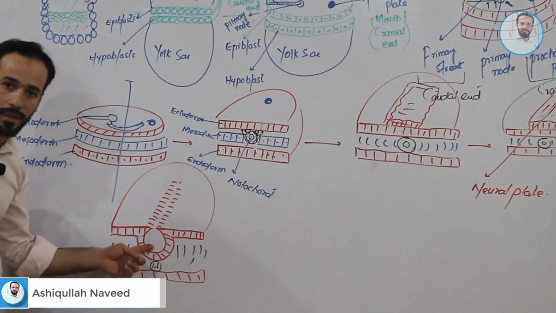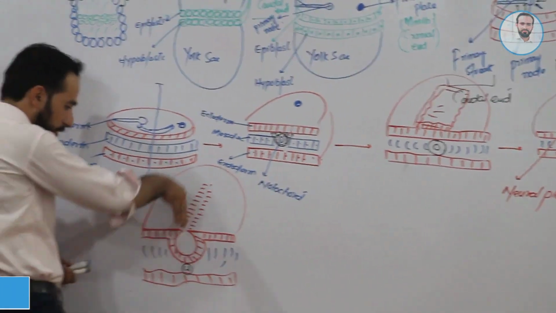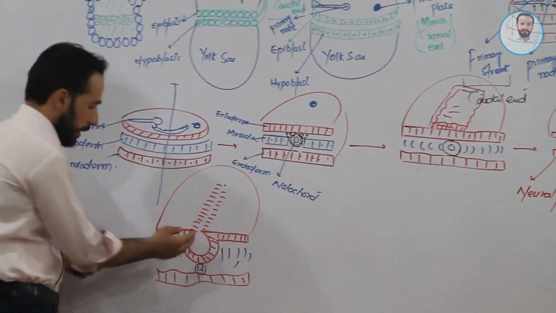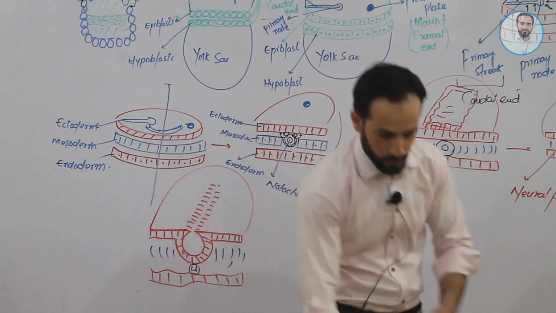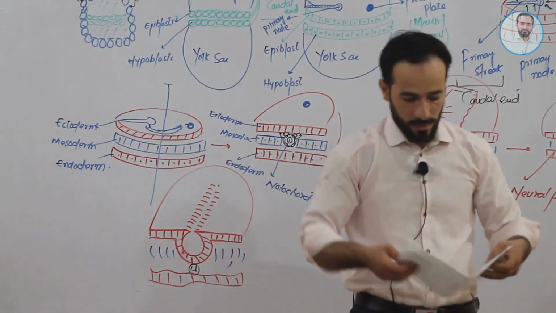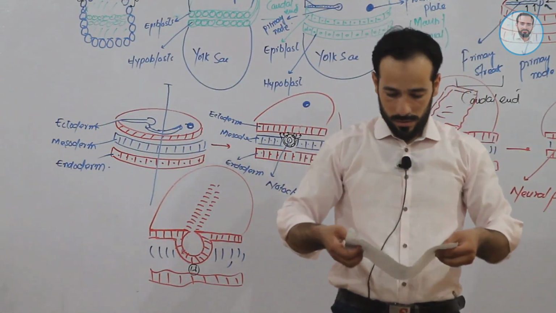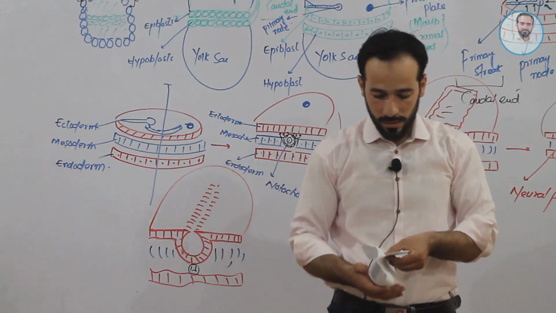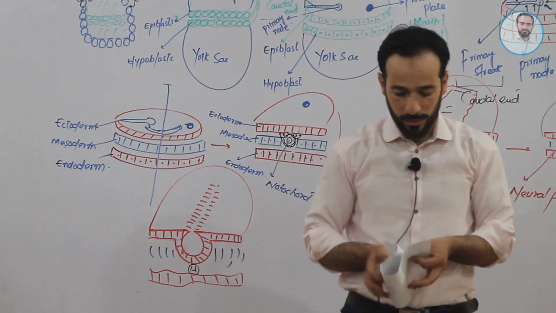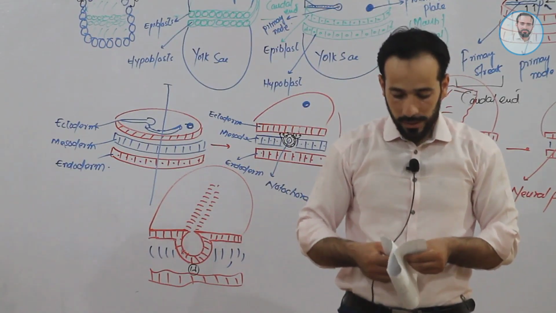So what has happened here? The depression has gone more down, and these cells have come near to each other like this. Look, like this, right? So a tube-like structure has developed, right?